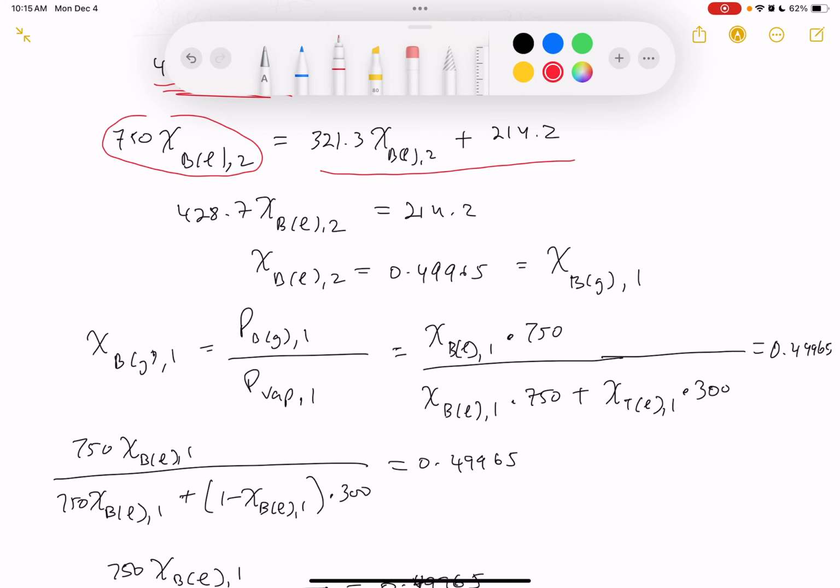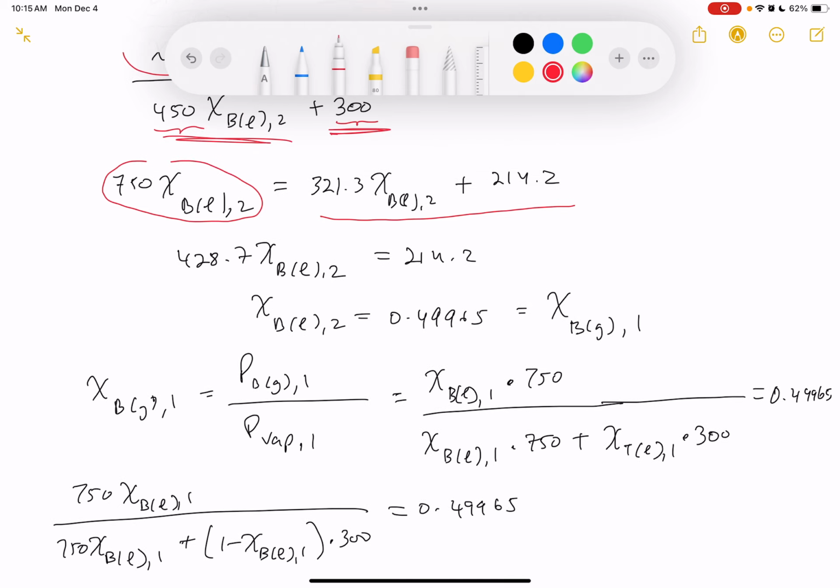Once I do that, I can combine the same expression. These both have the mole fraction of benzene liquid. I'm going to combine those two things together. 1 minus the other one gives me this, 428.7 mole fraction of benzene liquid in 2 equals 214.2. That allows me to solve for the mole fraction of benzene liquid in 2, which is just 0.49965.